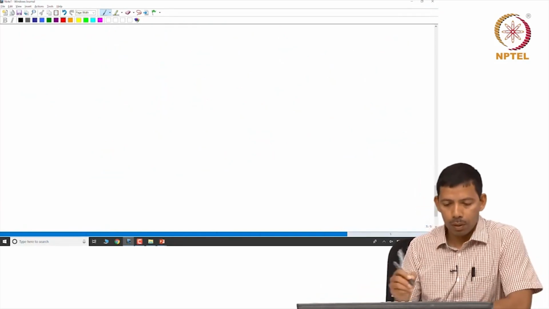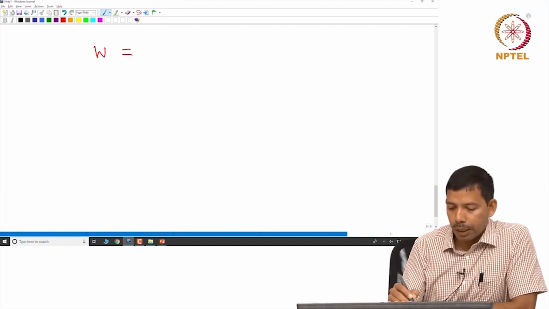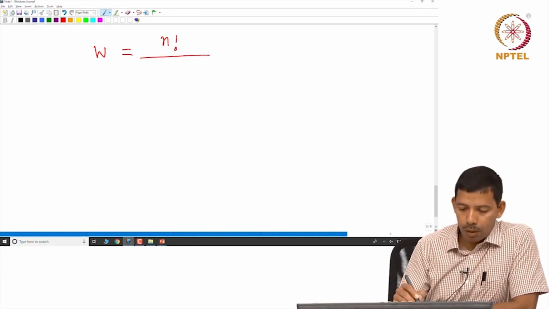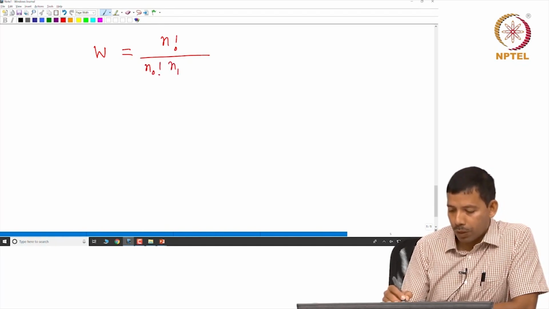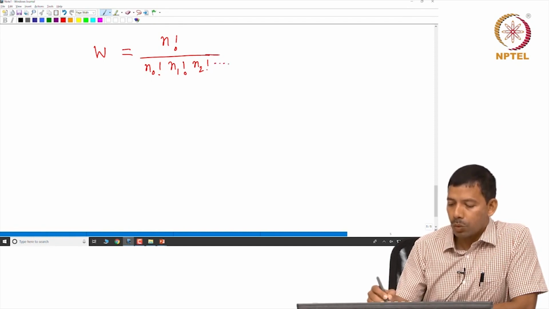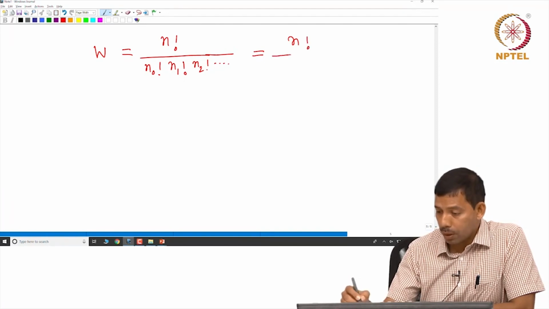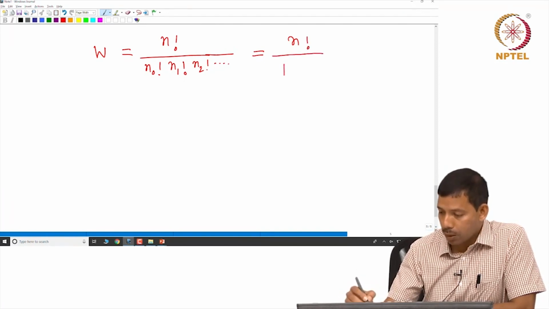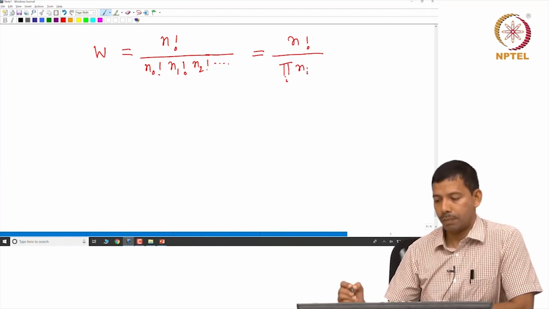As you have seen, the thermodynamic probability W is n factorial divided by n0 factorial, n1 factorial, n2 factorial, and so on. And this we can write as n factorial, where n is the total number of particles, divided by the product over all ni factorial.